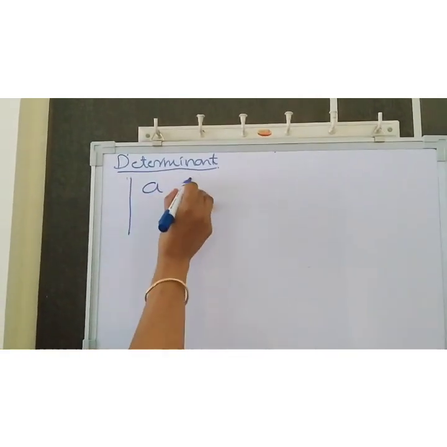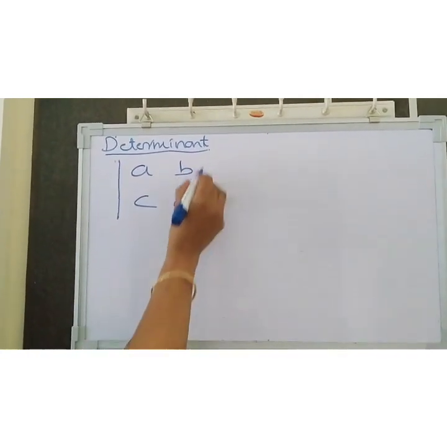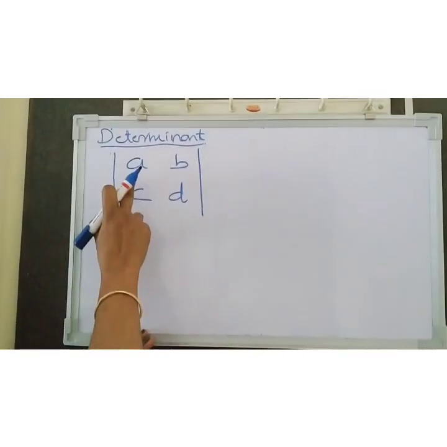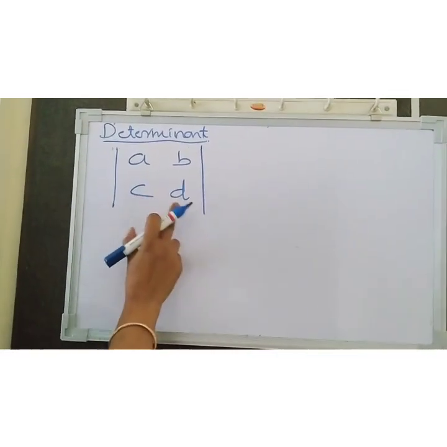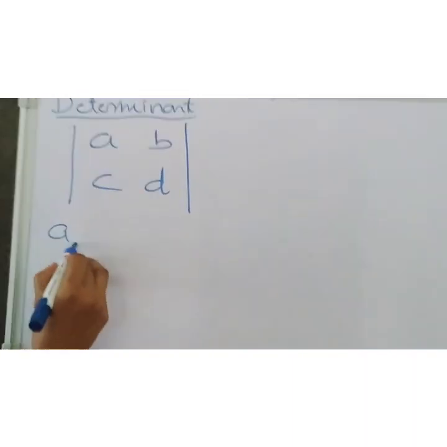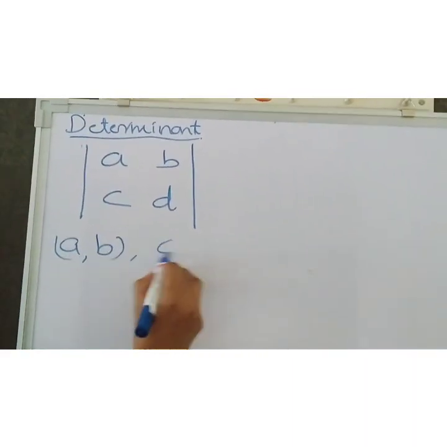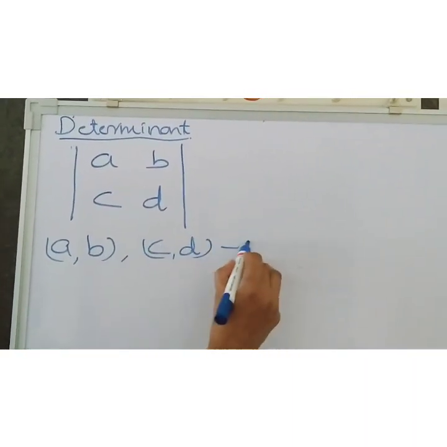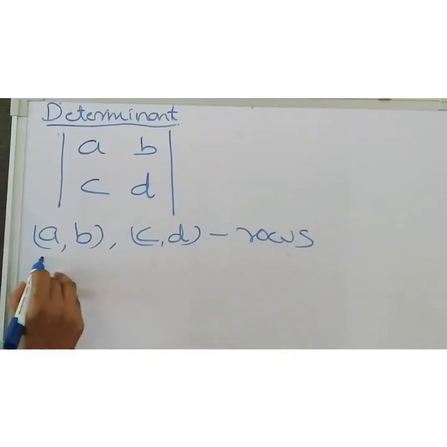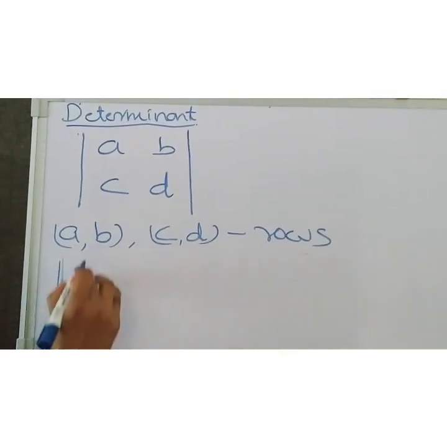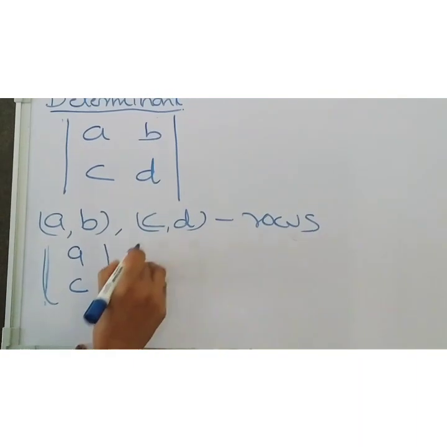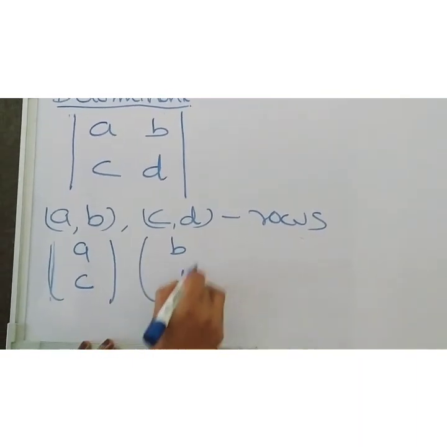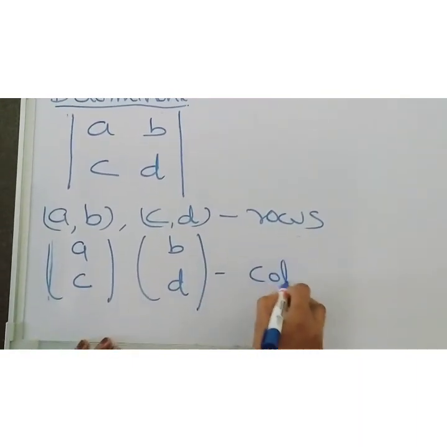Here, A, B, C, D is a determinant of four numbers A, B, C and D. AB and CD are rows, and AC and BD are columns.